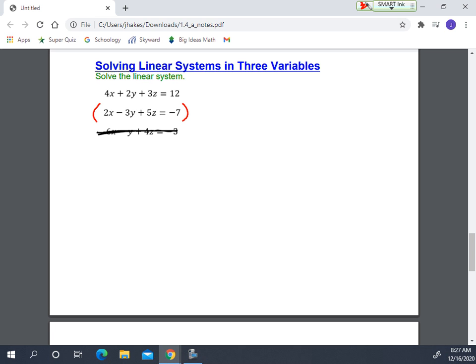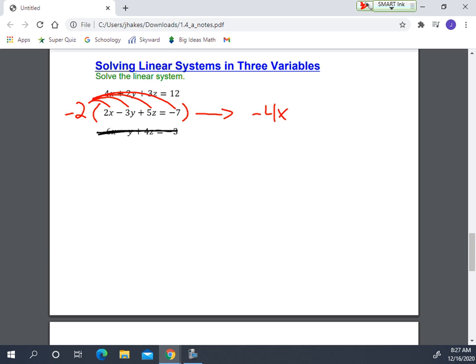What am I going to multiply by? Well, I see 2x and 4x. I'm going to multiply this by negative 2, and I have to distribute that negative 2 to every piece of that equation. So negative 2 times 2x is negative 4x.